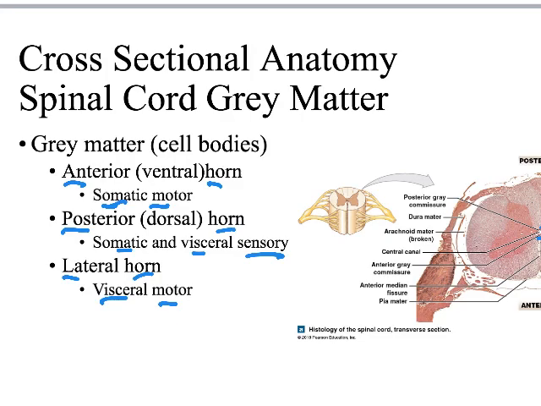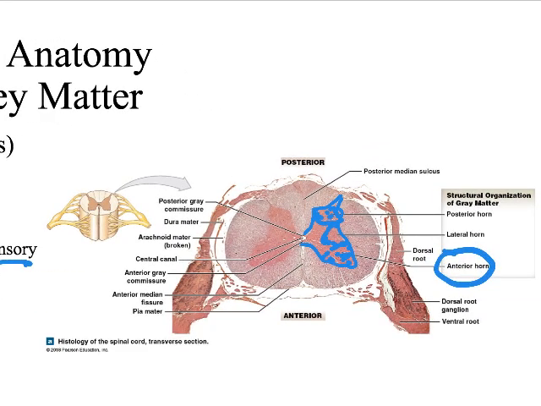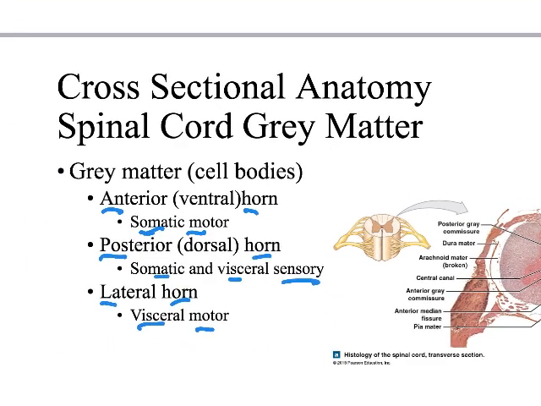And your heart when to beat. So all of that's going to be done in the lateral horn. That's the autonomic or the visceral component. Okay, so remember, anterior is somatic motor, posterior is all sensation, and lateral is visceral motor.